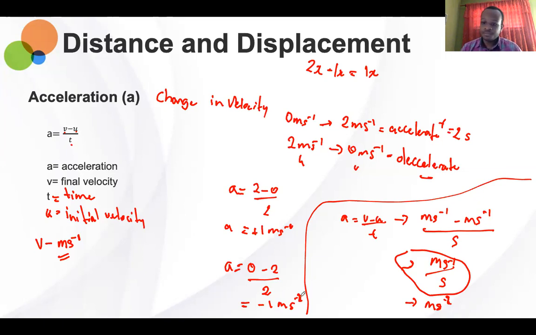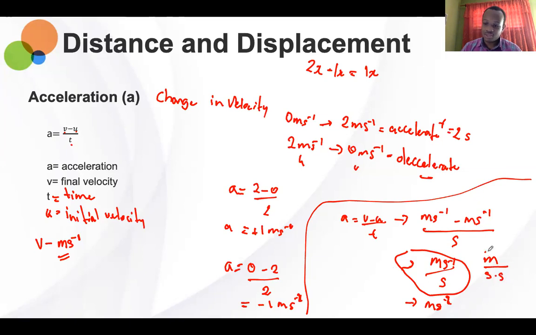So because we have ms minus 1 at the top, and we have s down here, the ms minus 1 would change to ms minus 2. Why? Because we now have m over s times s.